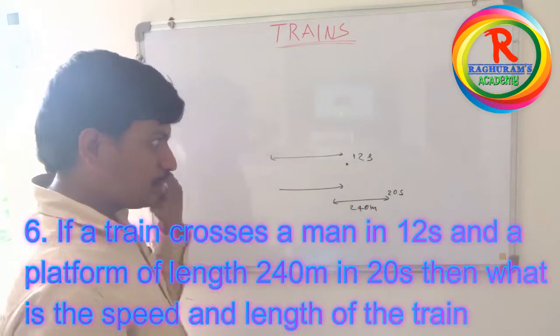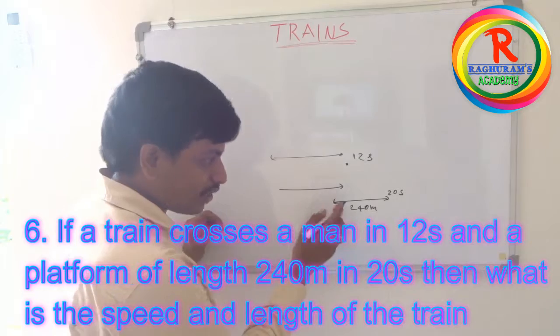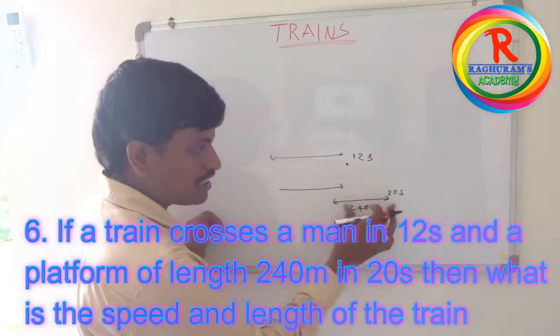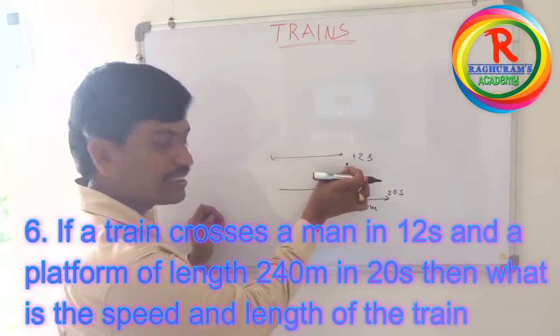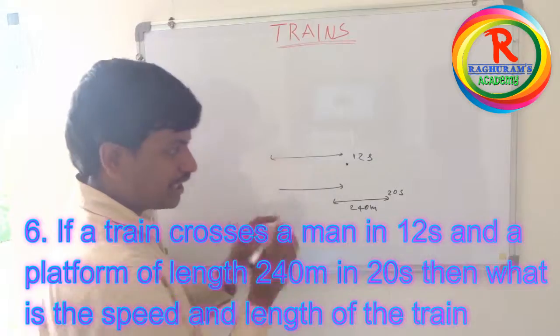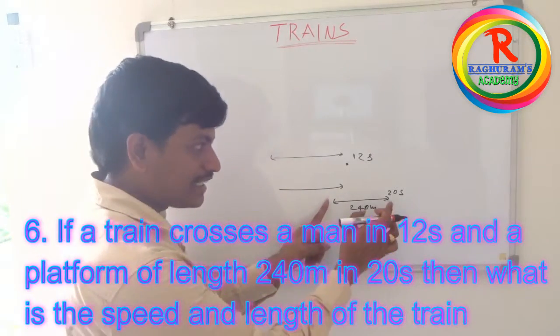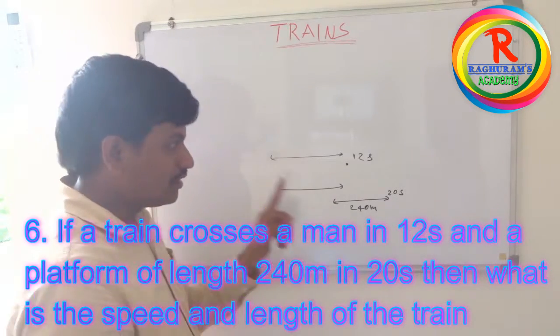Okay, so here we must understand that the train crosses the starting point of this platform in 12 seconds, because it can cross a point in 12 seconds. Then it crosses the total length in another 8 seconds. Understood?